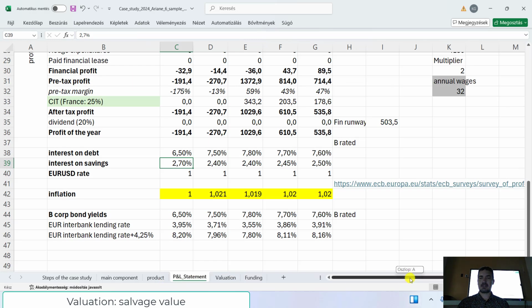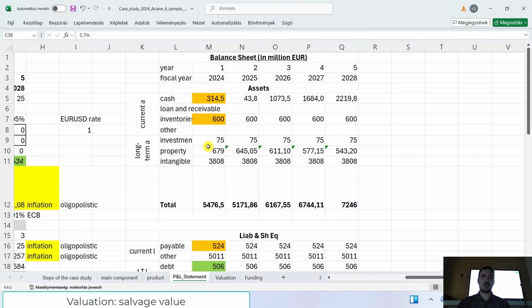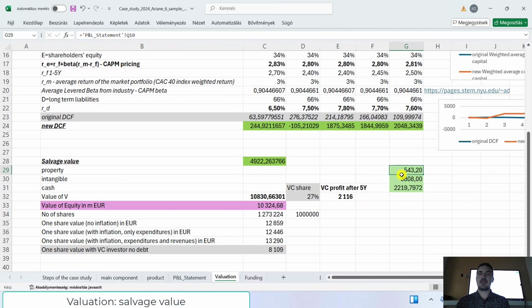Obviously, here we are just taking the data from long-term assets. I don't care about these investments. I don't know what the target of this investment is, so let's ignore this. In terms of property, we are just using a depreciation for 20 years. So at the end of the day, this property value could decline at this level. So that's why it's in the valuation.